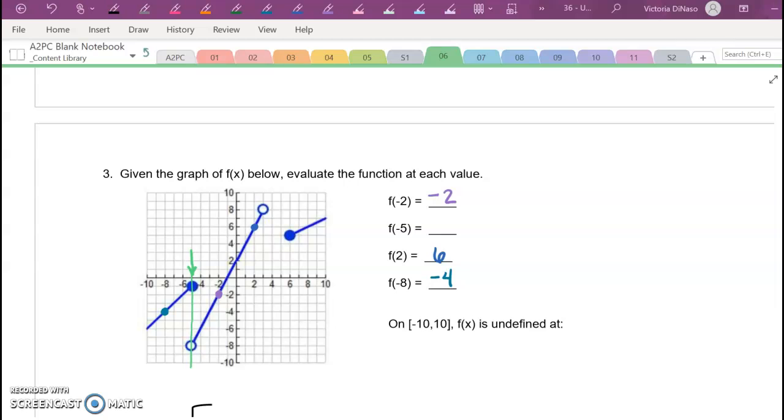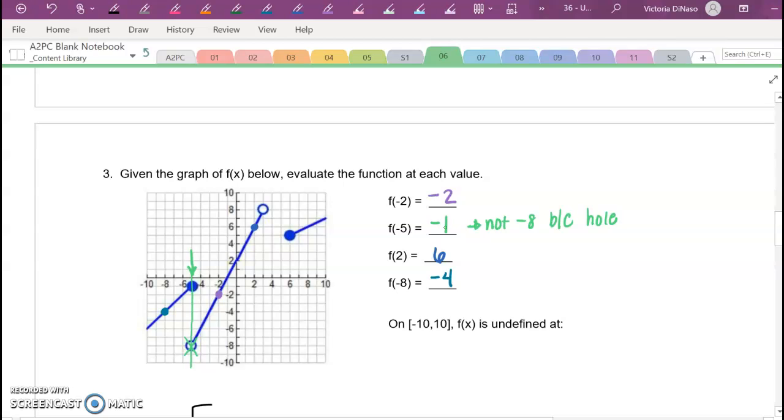Okay, so the open circle, remember like earlier, those are holes in the graph. So we're not going to use this as our answer. So it's not negative 8 because that's a hole. We need a point, and the point is going to be that closed circle. So my answer is actually negative 1.